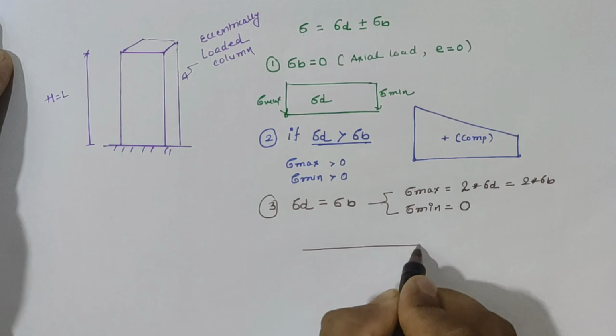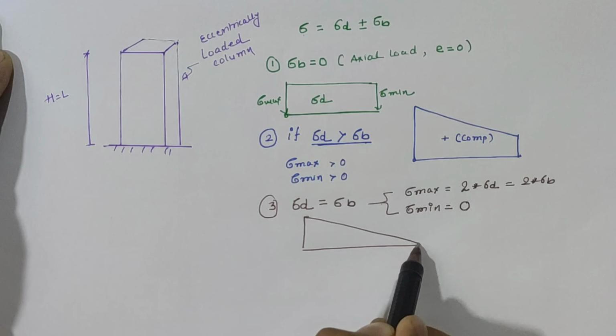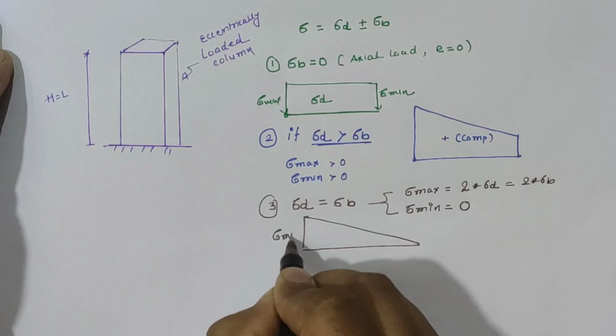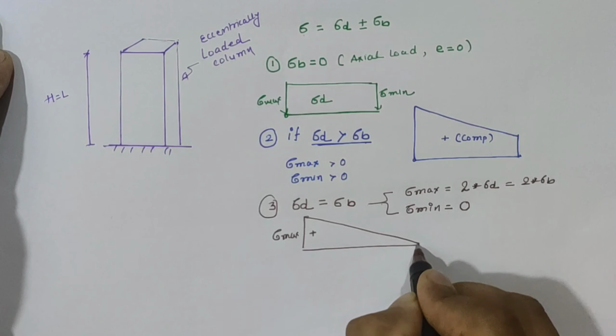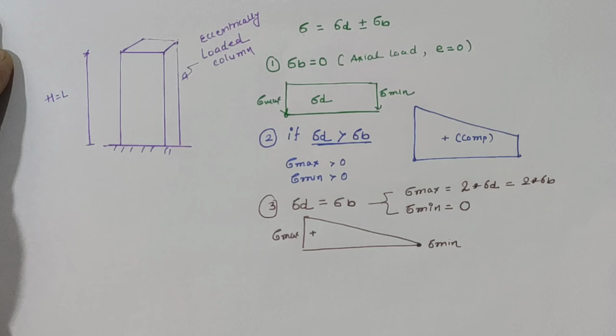Hence our diagram is triangular in nature, where the maximum value is positive while the minimum value is 0.